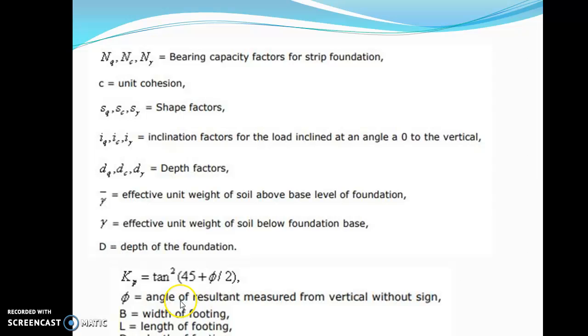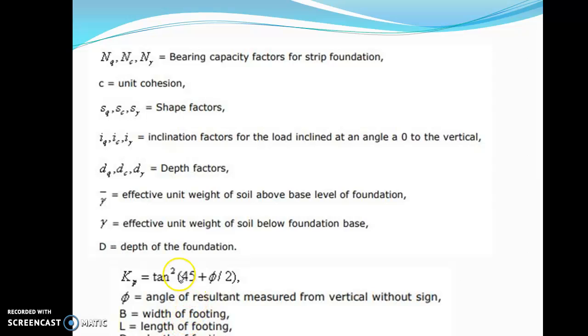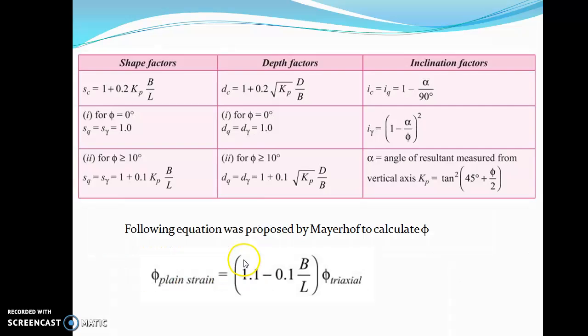Now whenever you are going to input this value phi, you are not going to put any sign, it's just the value that is going to come, no positive, negative. B is the width of footing, and D will be the depth of footing.